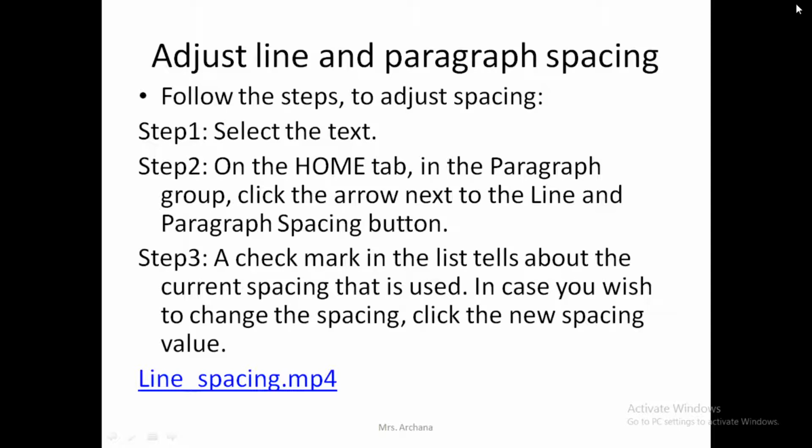Click the arrow button next to the line and paragraph spacing button. Step 3, a check mark in the list tells about the current spacing that is used. In case you wish to change the spacing, click the new spacing value. So once I will show you the video of demonstration how to do it.